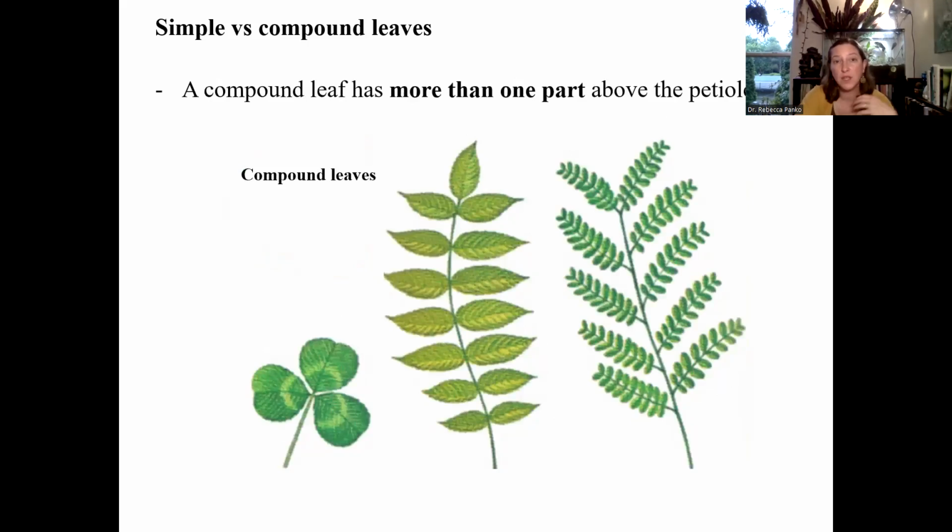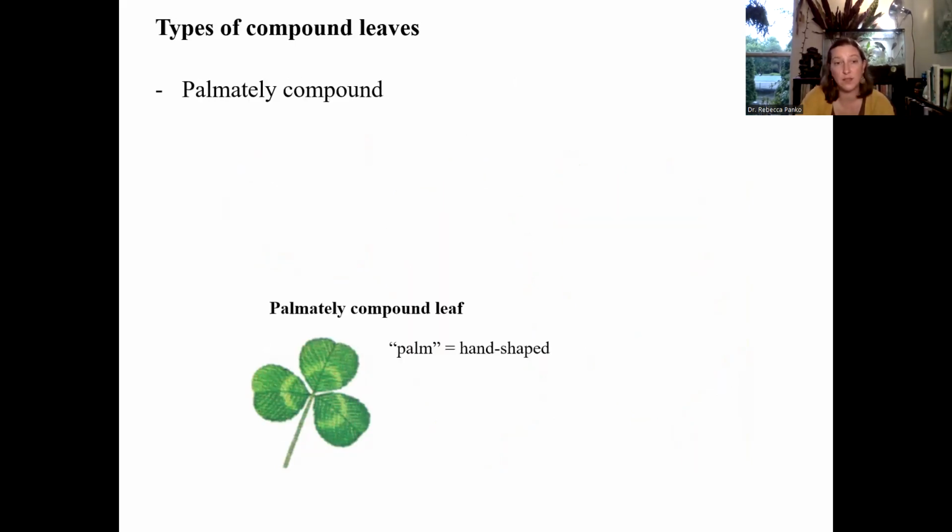But with the compound leaves, which I said have more than one part above the petiole, we can call these different things because they are shaped different ways. So for example, this one we call palmately compound leaf. Palm, because it's shaped like a hand. Now you might say to me, this clover looking thing does not look like a hand. I get it. But the idea of a palmately compound leaf is that much like our hands, the leaflets are coming out of one central location.